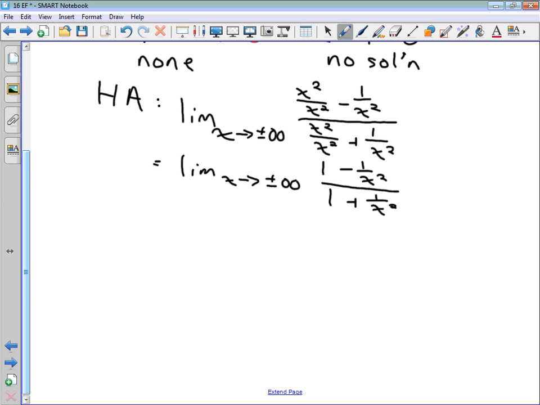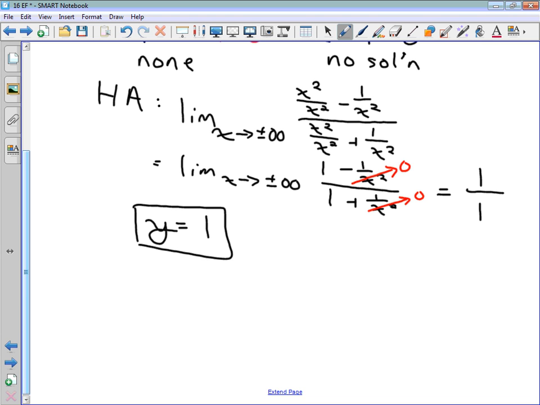What's going to happen to these terms that are 1 over x squared as we take our limit, Luca? They're going to go to 0. So we can essentially just say that's going to go to 0, that's going to go to 0. So our limit is going to be 1 over 1, which is just 1. So this tells us that our horizontal asymptote is going to be y equals 1.